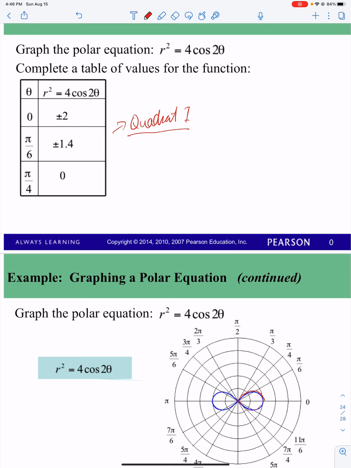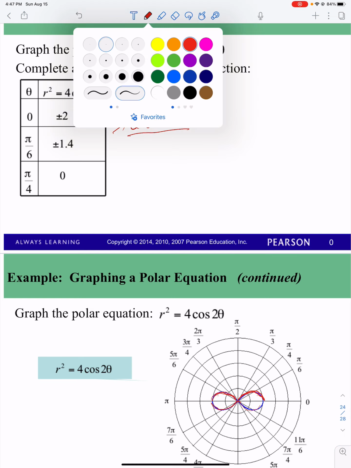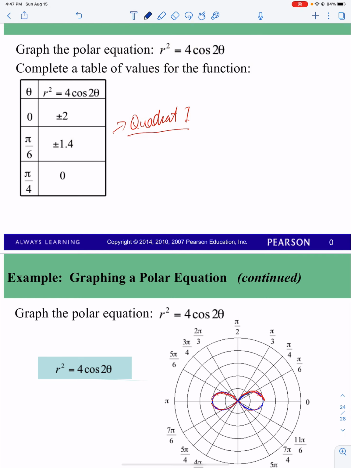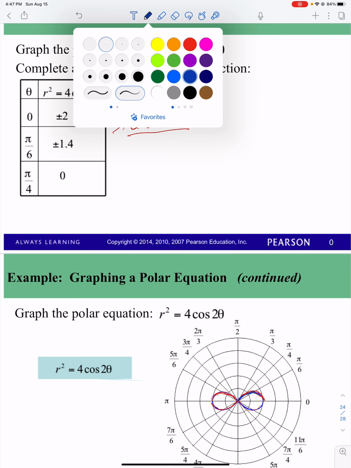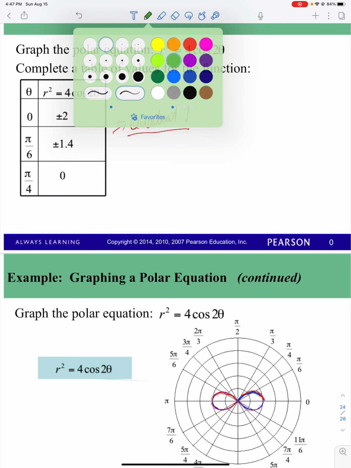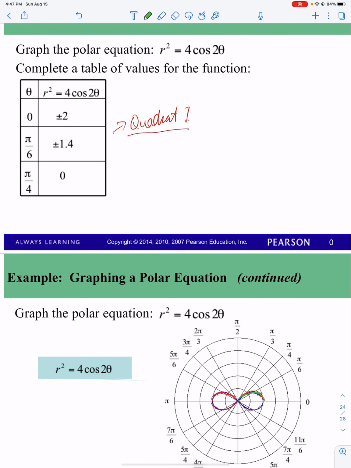If you choose only this part, symmetric to the polar axis you get here, symmetric to theta equal to pi over 2 you get this, and symmetric to the pole you get this. You with me? So you only need this part.